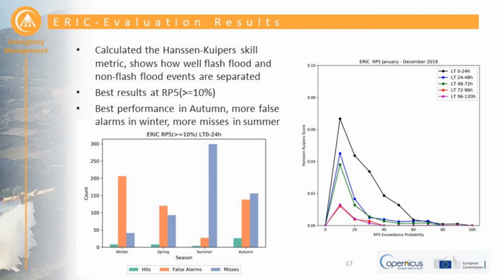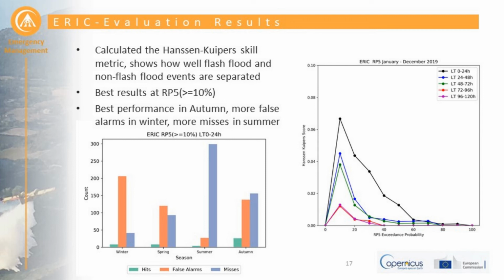So the results: we computed the skill using the Hanssen-Kuipers skill score, which shows how well you can separate between an event and a non-event, so a flash flood and a non-flash flood. The best results came when we're using the 5-year return period as our baseline.